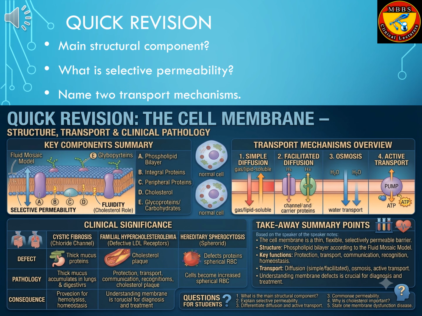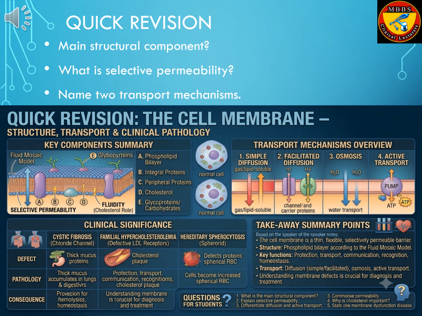Quick revision. Let us summarize today's lecture. The cell membrane is a thin, flexible, selectively permeable barrier surrounding every cell. Its main structural component is the phospholipid bilayer arranged according to the fluid mosaic model. Major components include phospholipids, proteins, cholesterol, and carbohydrates.